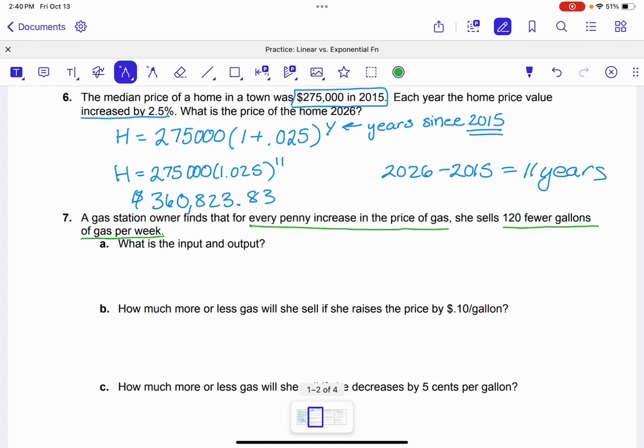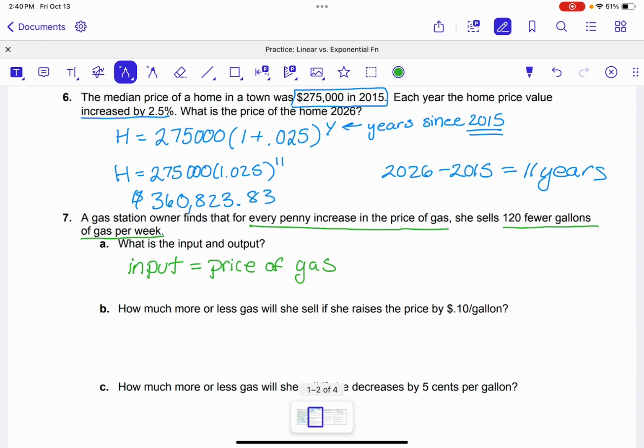So my input is the price of gas. Or it's not even the price of gas, it's the increase in the price of gas.